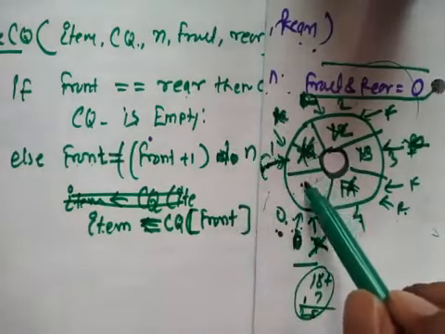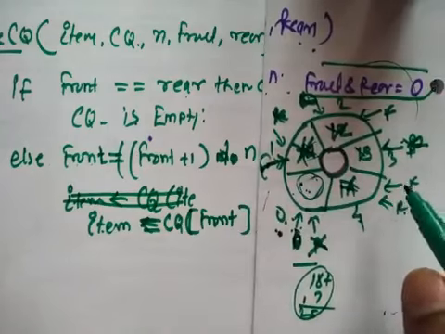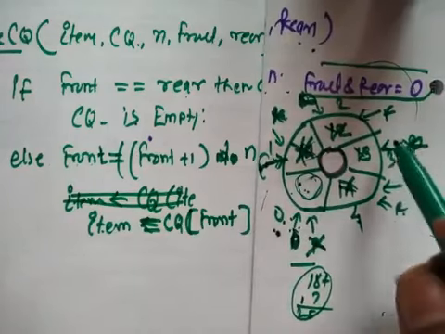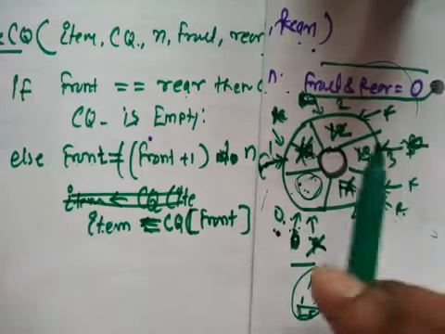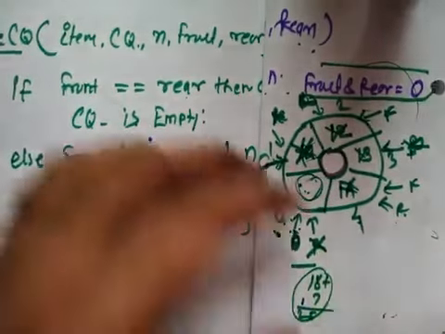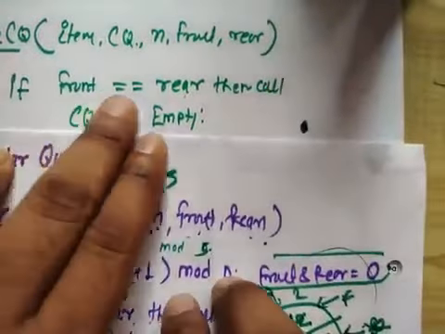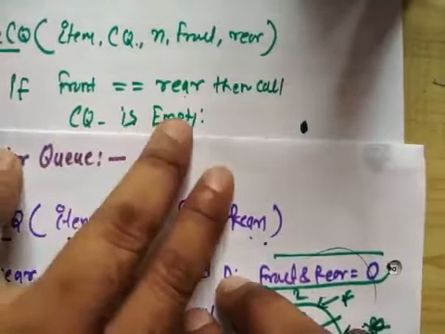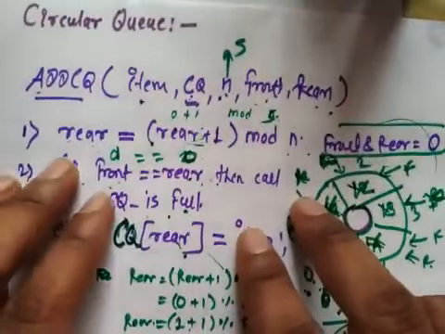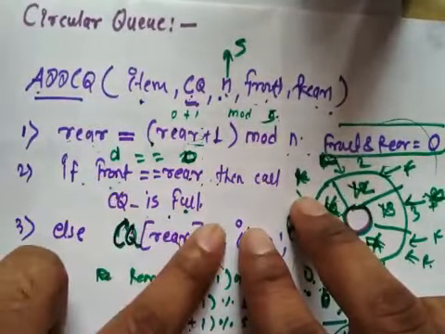In the next lecture we are going to overcome the problems. One problem is that one memory block cannot be utilized in a circular queue. The other problem with a circular queue is that the queue full and queue empty conditions are the same. Here we are checking if front is equal to rear, then the queue is empty, and here we also check if front is equal to rear, then the queue is full.